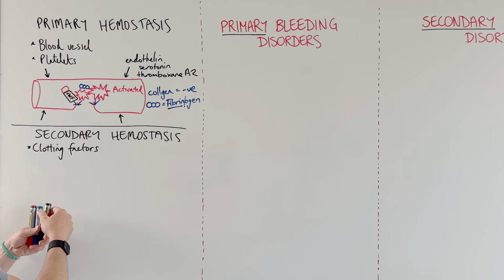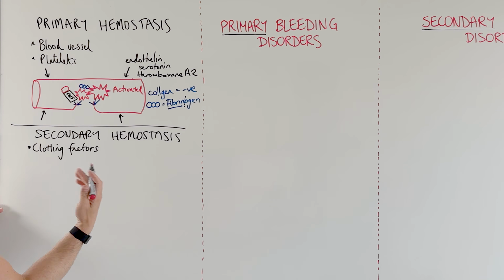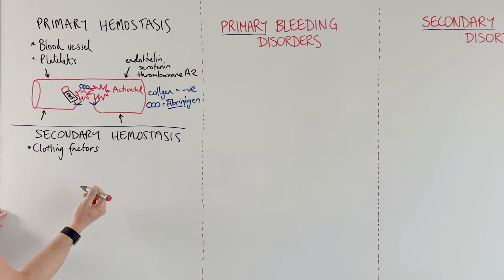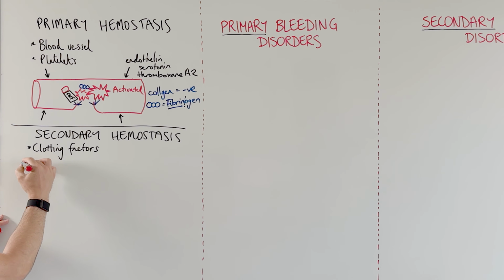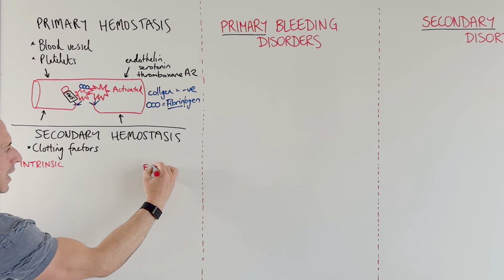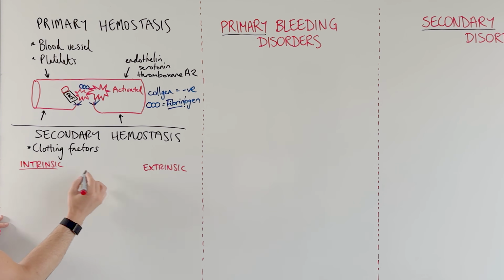So what happens here? Well, importantly, we've got 12 clotting factors. The liver makes all of them, but factor 8 can also be produced somewhere else. So importantly, we've got what's called an intrinsic pathway, and we've got what's called an extrinsic pathway. I'll talk about that in a sec.